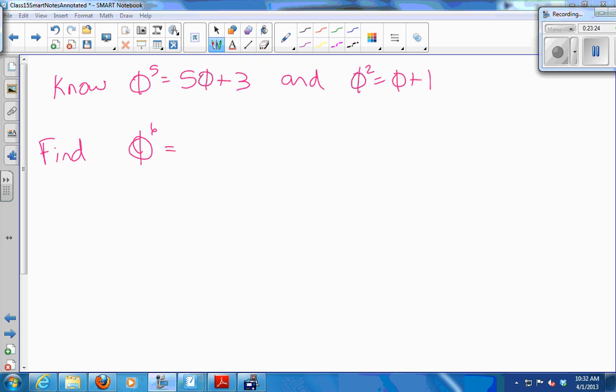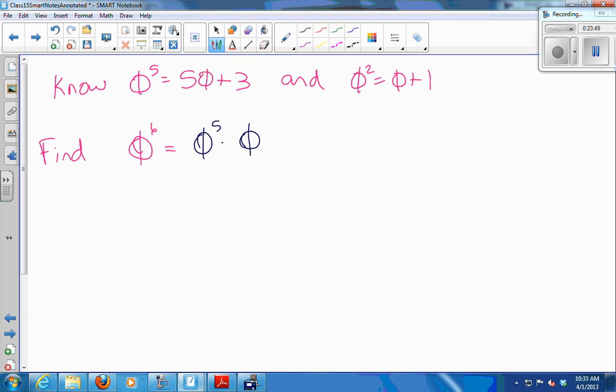Okay, so let's go through it together, finding phi to the sixth. Most people are well on their way, if not there. So phi to the sixth, we can rewrite as phi to the fifth times phi. We're using the rule of exponents that says when you multiply like bases, you add the exponents. So I can rewrite phi to the sixth as phi to the fifth times phi to the first.